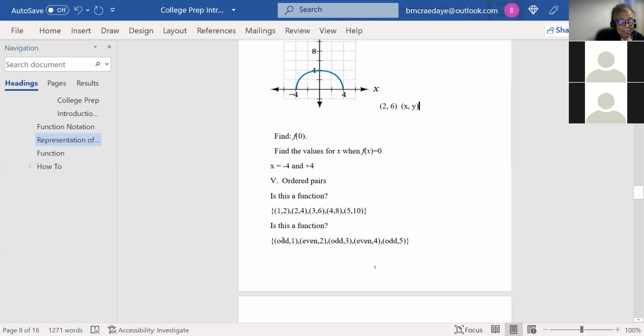Latoya, what about this one? Is this a function? No. Why? Because some is odd and some is even. It's not good enough. What else? So the odd is like the X. Odd is equivalent to X, but does it have one or more Y values?